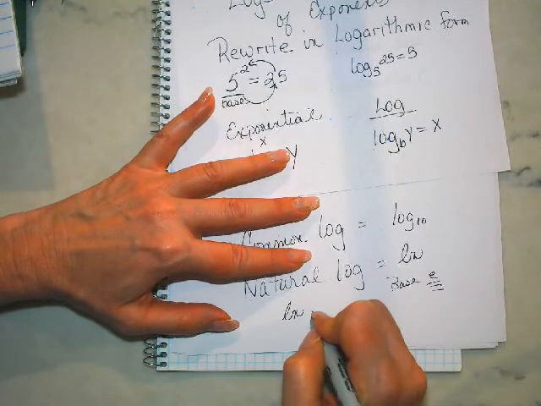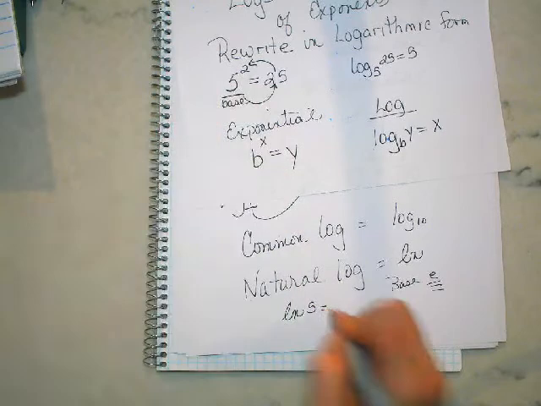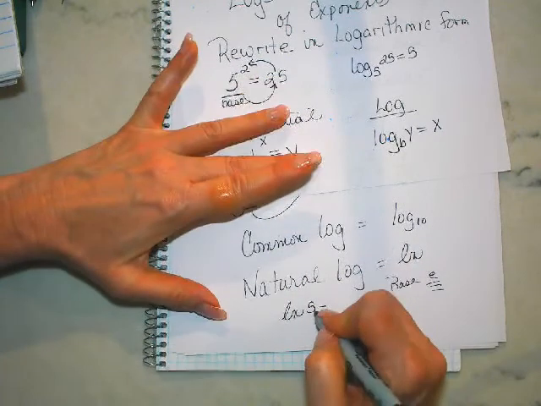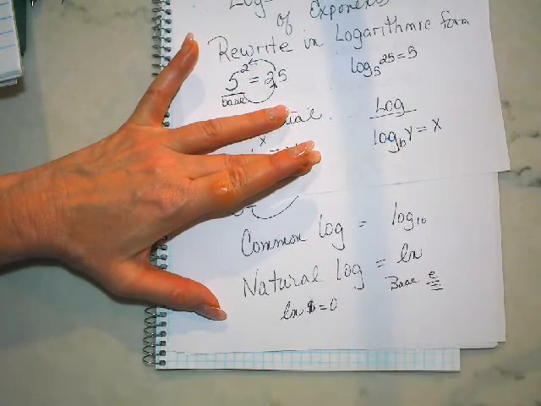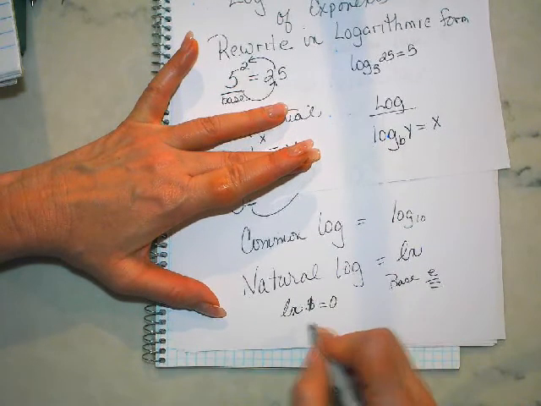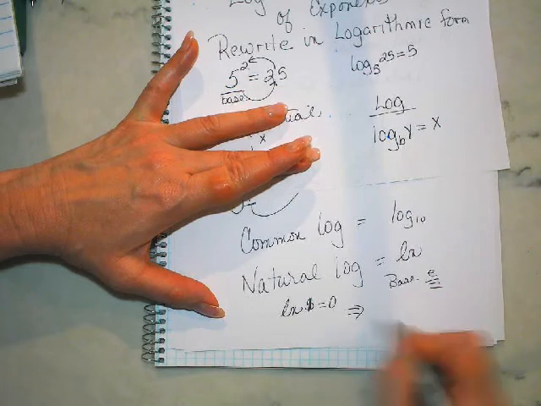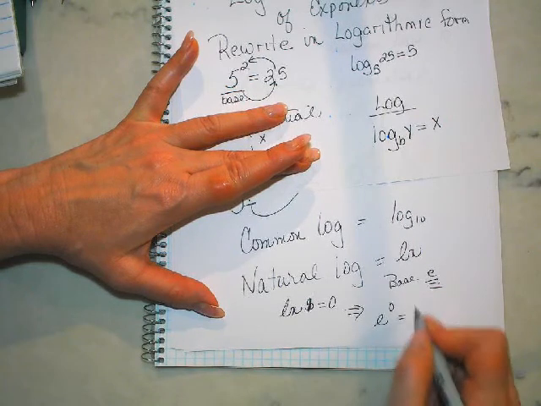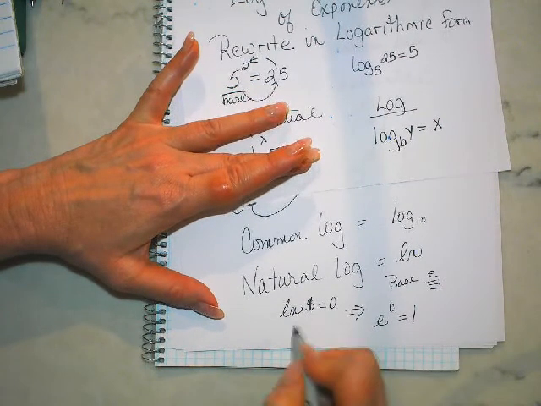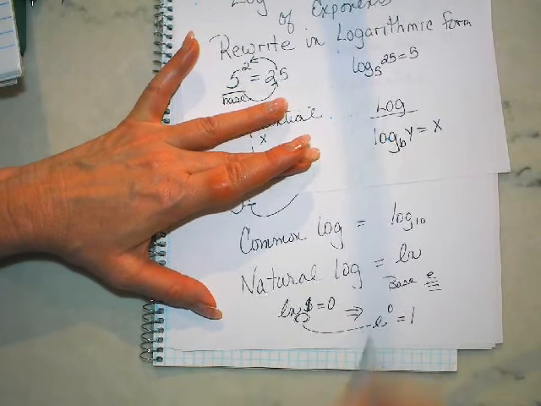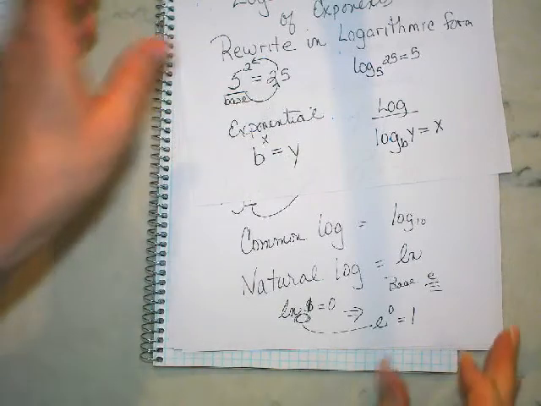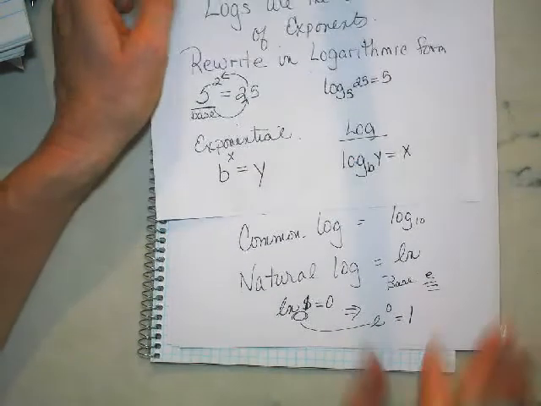So if I had the ln of 1 equals 0, I'm making this up, the base is e, so e to the 0 power is 1. It's not written there, but that's always the base. The base is e.